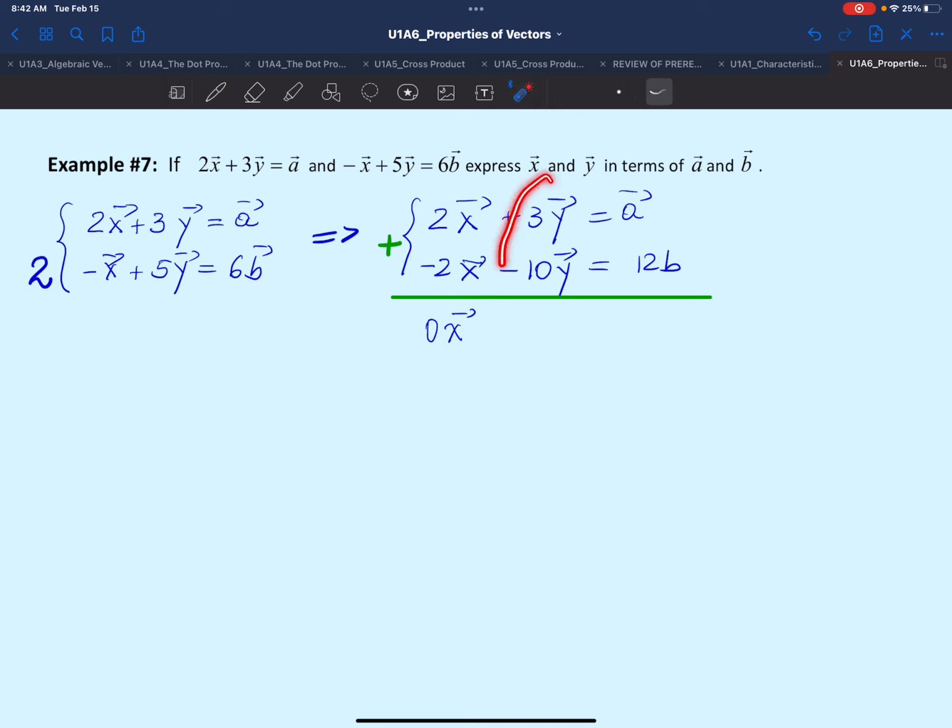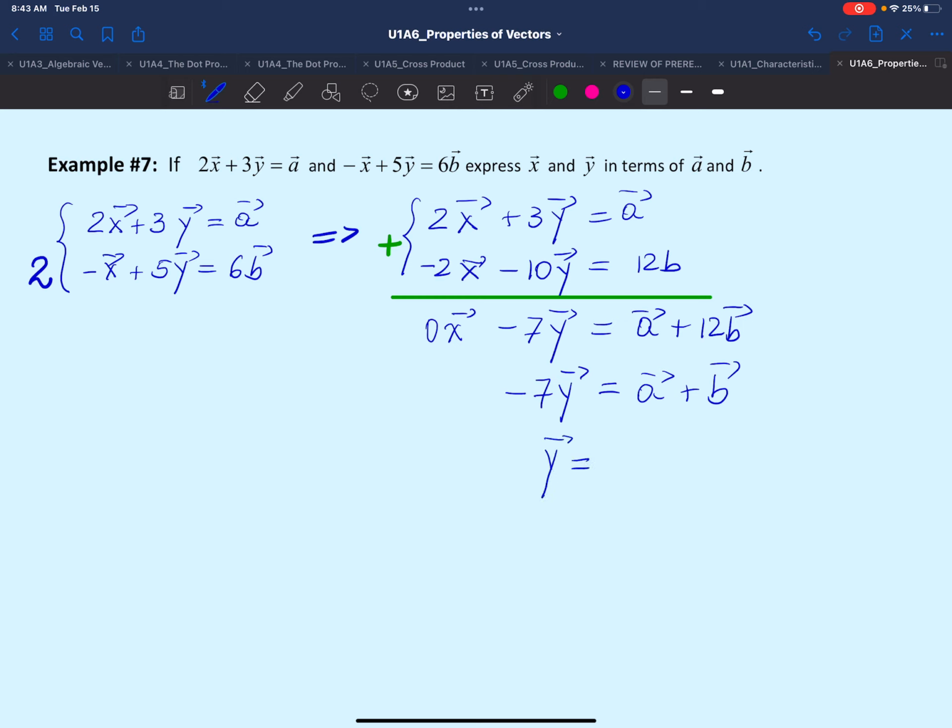And then we have 3y plus negative 10y, that's negative 7y, equals 1a plus 12b. So as you can see here, we have the y variable only, and we have a relationship between vector y, vector a, and b.